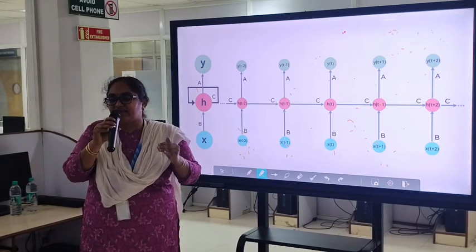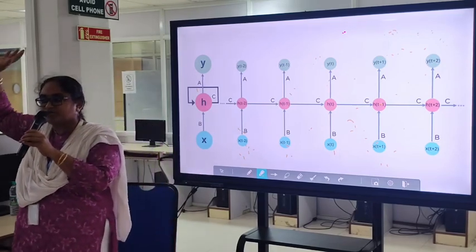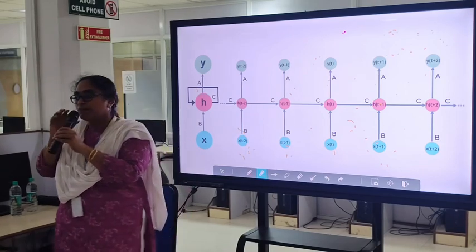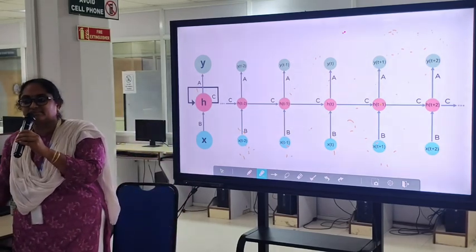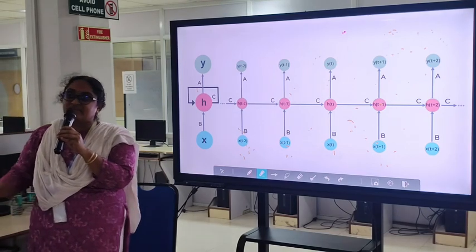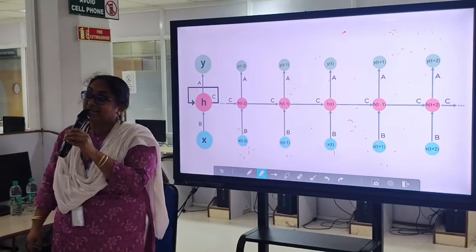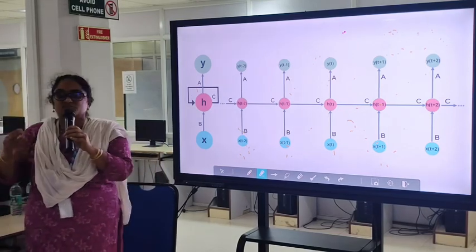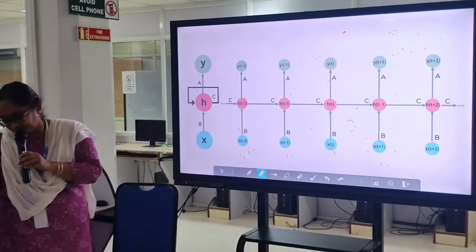That means the weight values can increase drastically over a period of time, or the weight values can decrease drastically over a period of time. That is a huge disadvantage in the recurrent neural network. There are some other variations of recurrent neural network, like gated recurrent unit (GRU) and LSTM. So they are coming into picture.